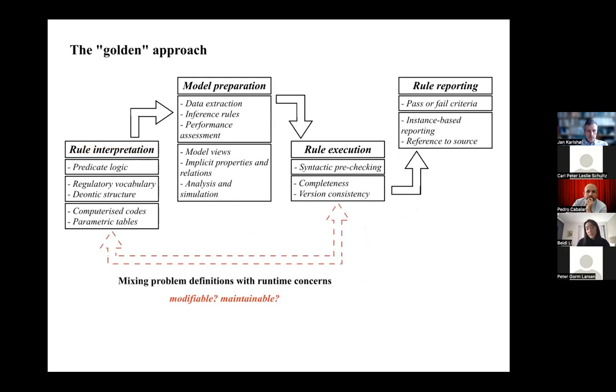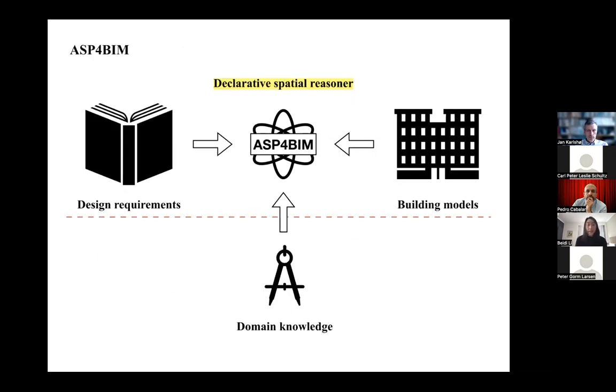And so this creates a huge problem of mixing problem definitions with runtime concerns, which makes the whole solver engine less modifiable and less maintainable. The idea of ASP in tackling those challenges is to push runtime concerns down into the solver, so a user can express what they want, their problem, very declaratively without worrying about how the problem gets solved.